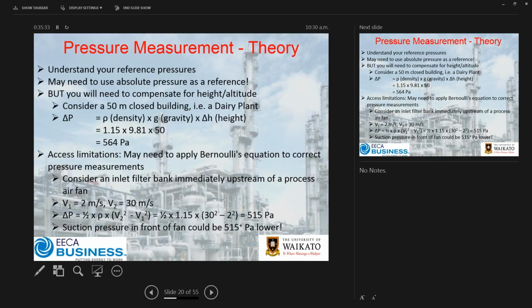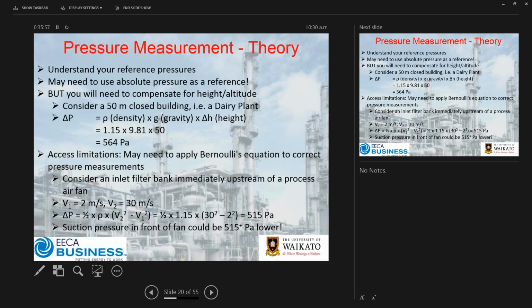What you'll actually find is that pressure is going to be closer to probably minus 800, because not only have you got the acceleration effect, you're going to have some losses associated with the constriction in the duct as well. So it would be quite normal for that suction pressure of the fan in practice to be quite a bit larger than you first might think.